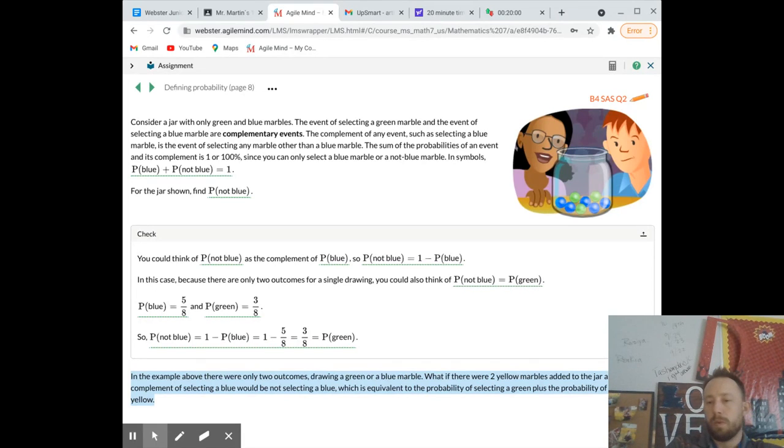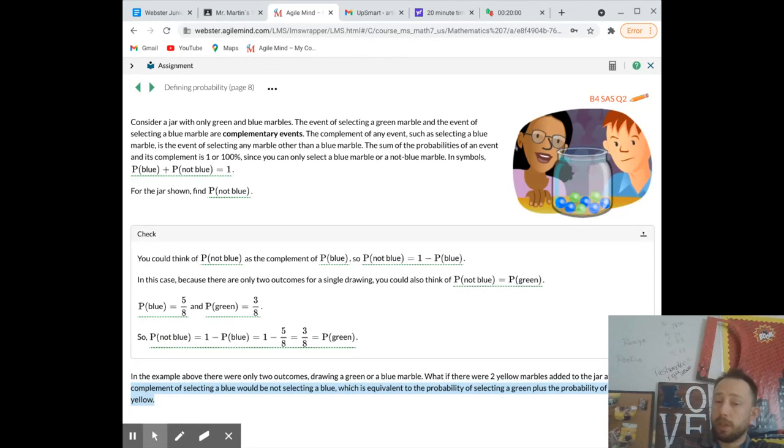So, what do y'all think about that? Read what she put right here. So it says, in the example above, there were only two outcomes.